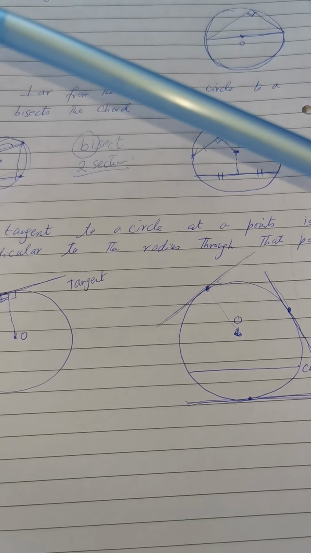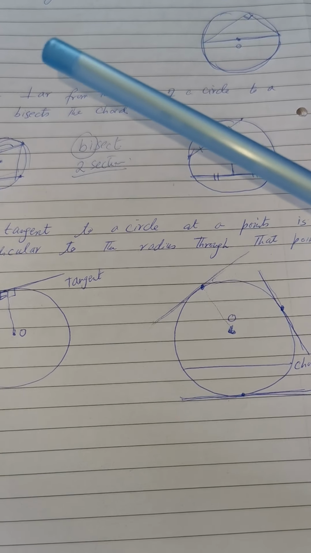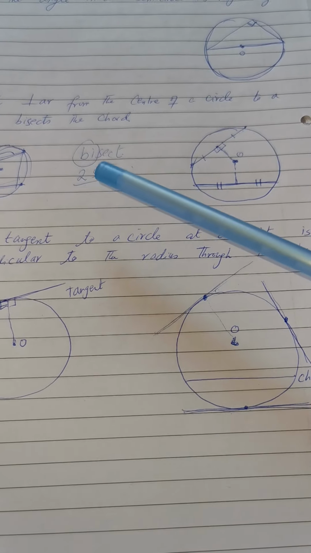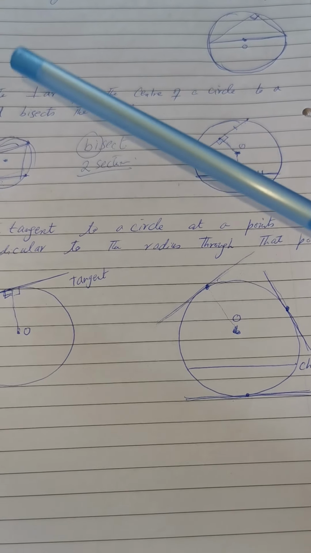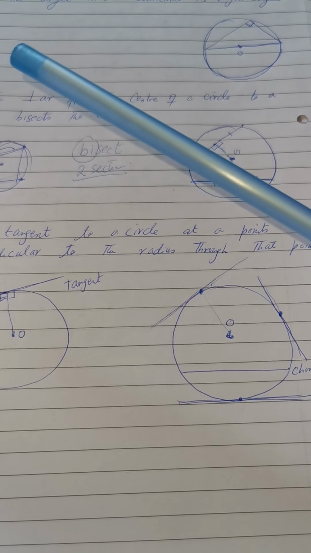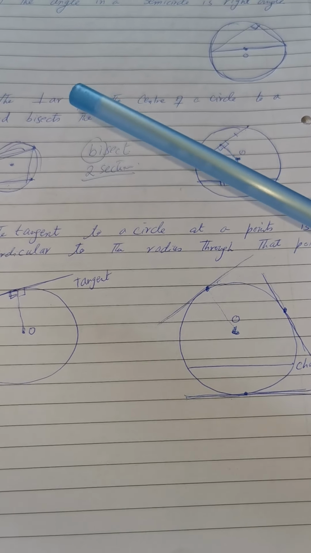You will see that this pencil touches the circle at one point only. So this pencil is called the tangent. The point where it touches is the point of the tangent to a circle.